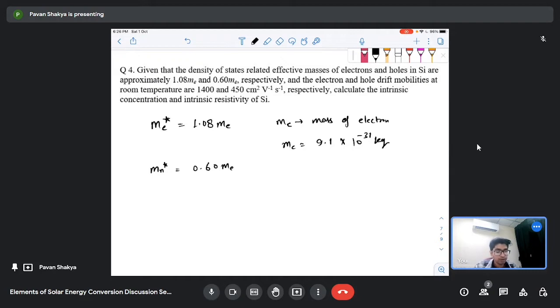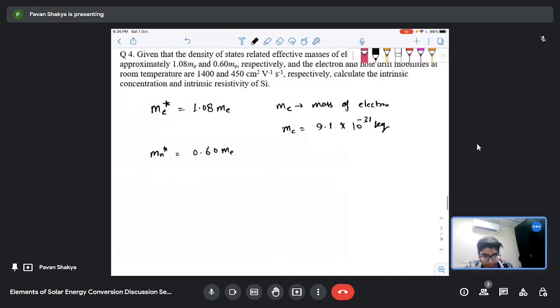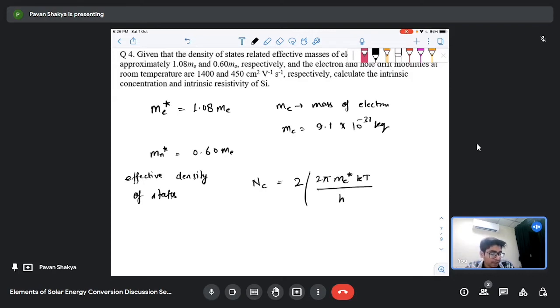Okay, so if we try to find the effective density of states, then for the conduction band Nc will be equal to 2 times (2 pi me star kT divided by h square) whole power 3 by 2.